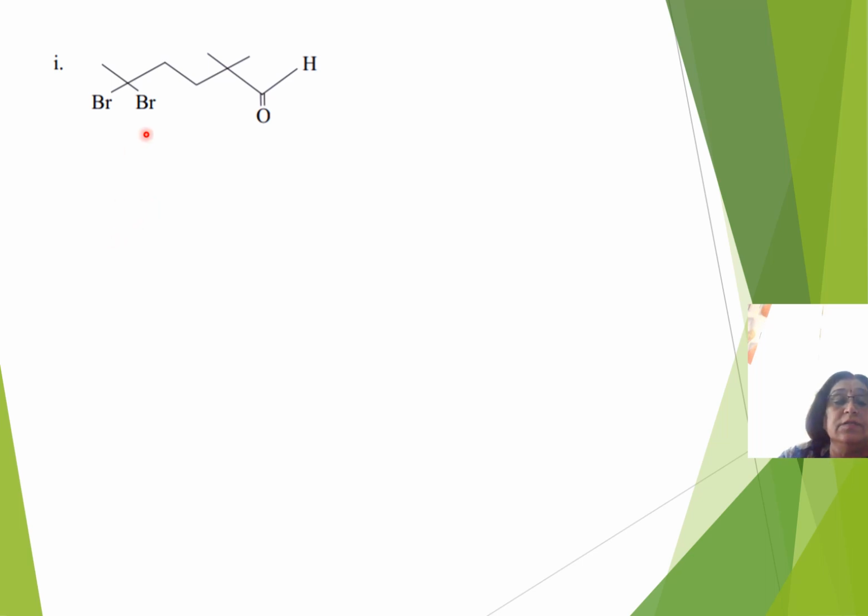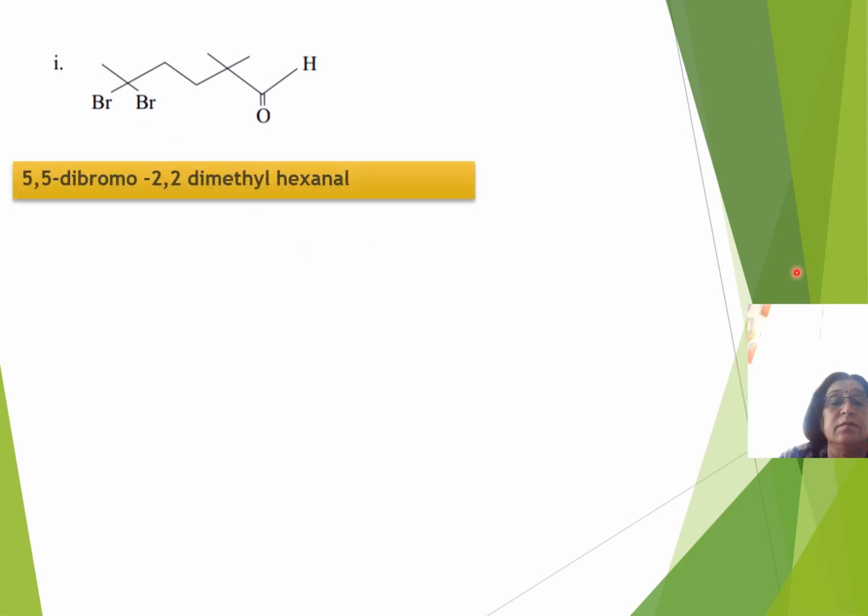So let's solve this. 1, 2, 3, 4, 5, 6: 6 carbons, that means hexanal. Then you have 2 methyl groups on the second carbon, so 2,2-dimethyl. And the fifth carbon contains 2 bromo groups, so 5,5-dibromo: 5,5-dibromo-2,2-dimethylhexanal.